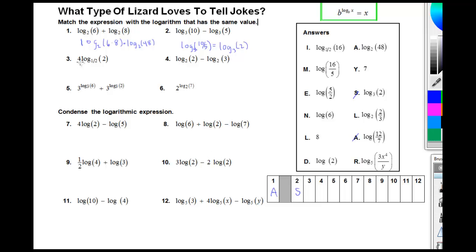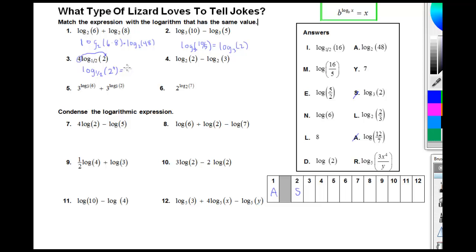All right, this one is using the log rule where the coefficient can come up as the exponent. So this will stay log base 1/2, but then it will become 2 to the 4th. So the base is 1/2, and then here's the 2, and then this 4 travels up to the exponent on the 2 and becomes 2 to the 4th.